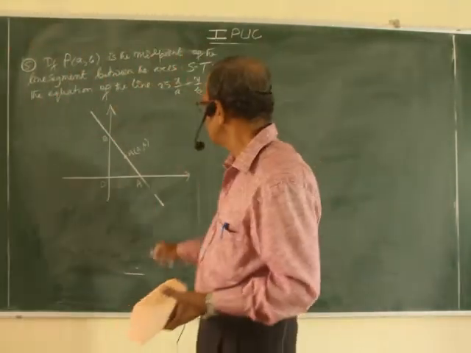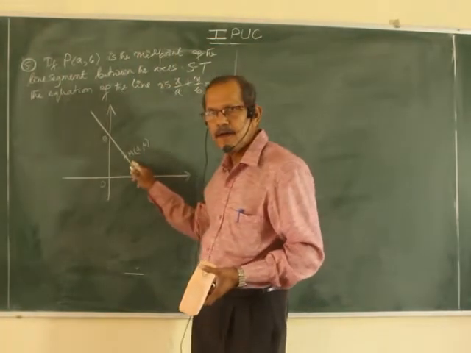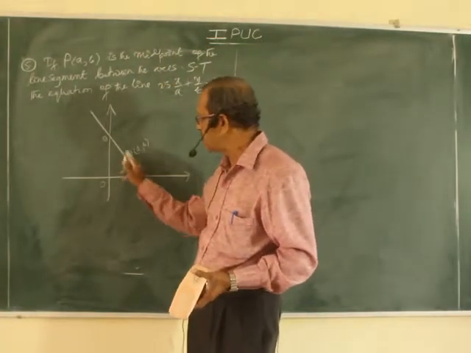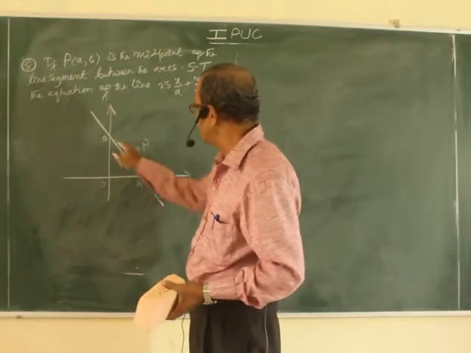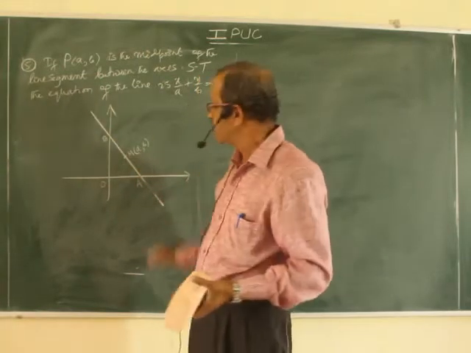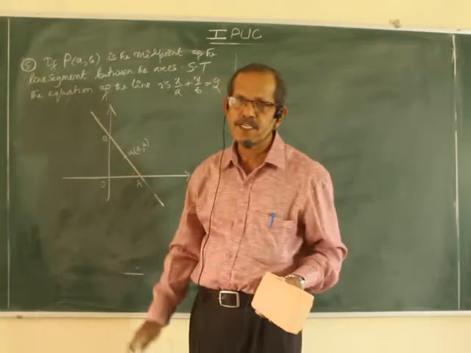This is the midpoint, not the perpendicular, remember. Midpoint of the line segment AB is M. Find the equation of the line.